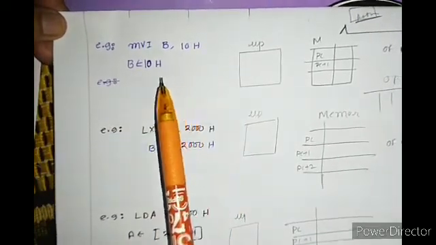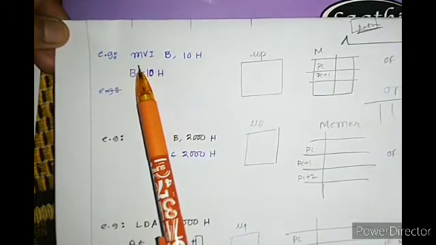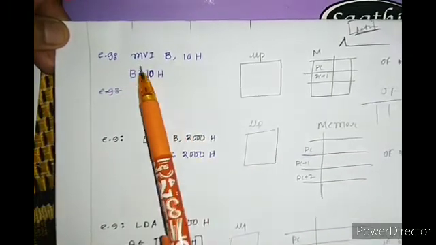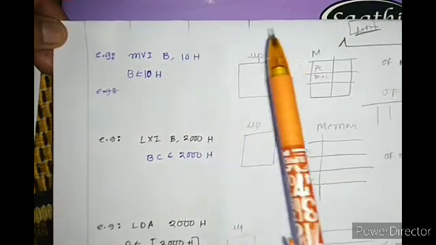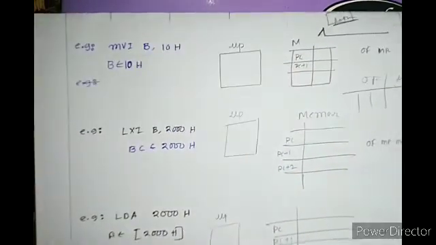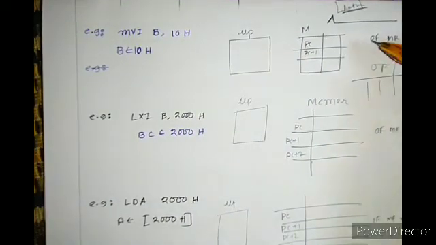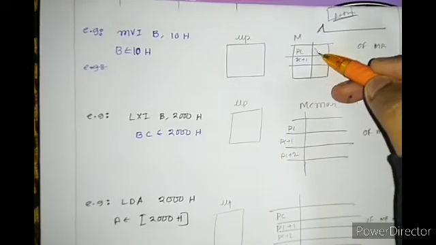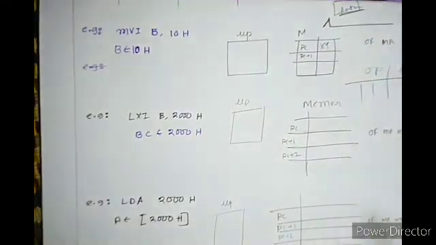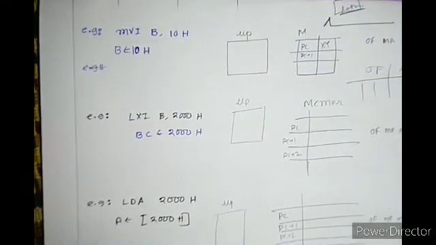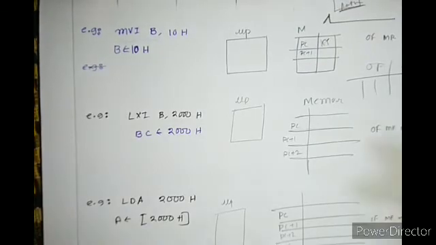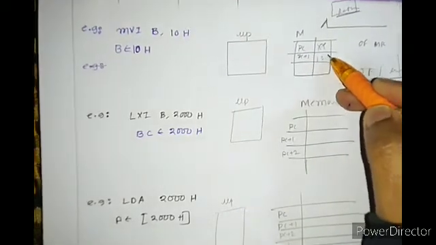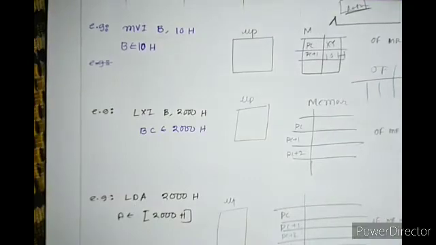MVI B, 10H is a 2-byte instruction: 1 byte for the opcode, the next byte is for data. So in memory, in the first location, suppose XY, I have the opcode of MVI B, and then 10H. First draw this.